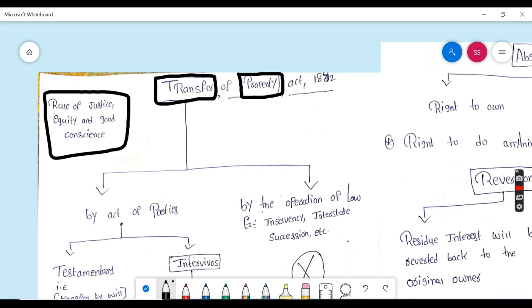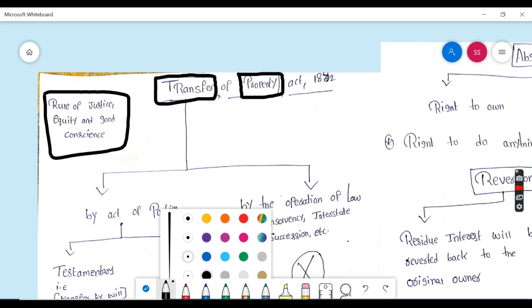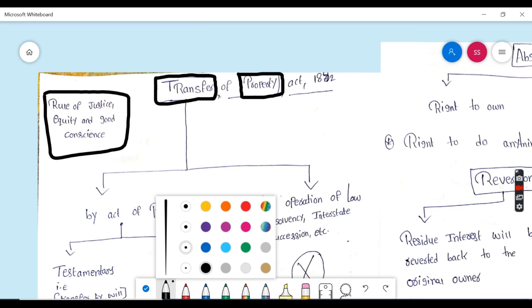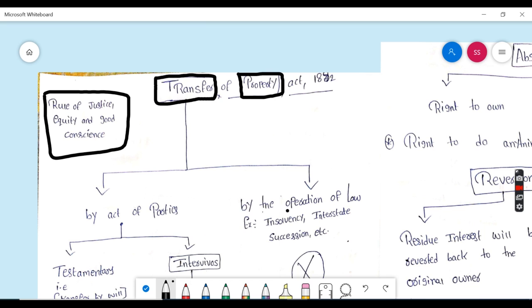The transfer can happen in two ways, okay. If the transfer happens because of the operation of law, that means it will automatically happen due to the operation of the law. For example, intestate succession. What does it mean?